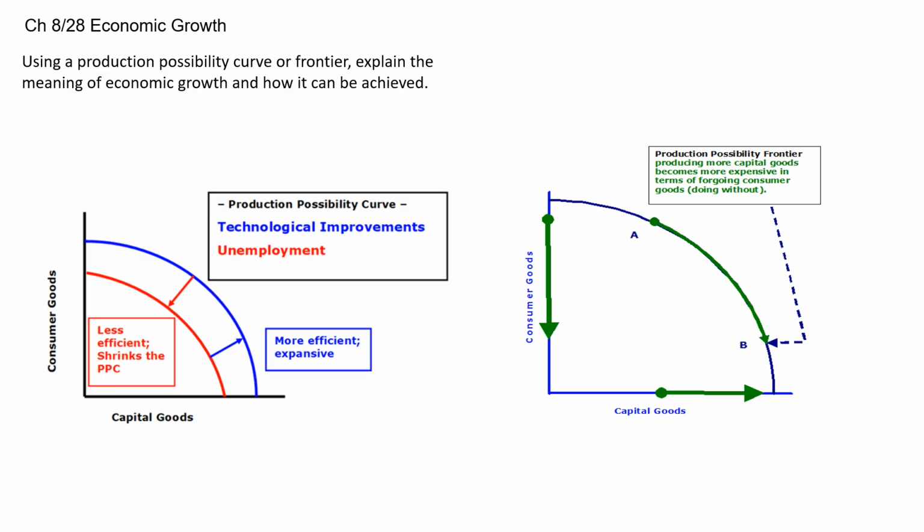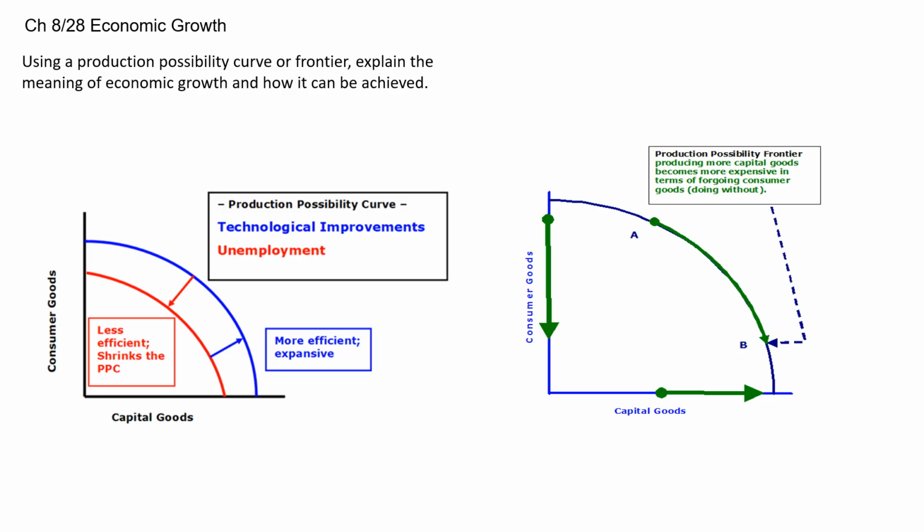On the right-hand side, this is when we're looking at moving from one point on that production possibility curve to another. So on the left-hand side, this speaks to pushing the production possibility curve out. And on the right-hand side, we're talking about redeploying those resources so that we can do what? So we can produce more capital goods.